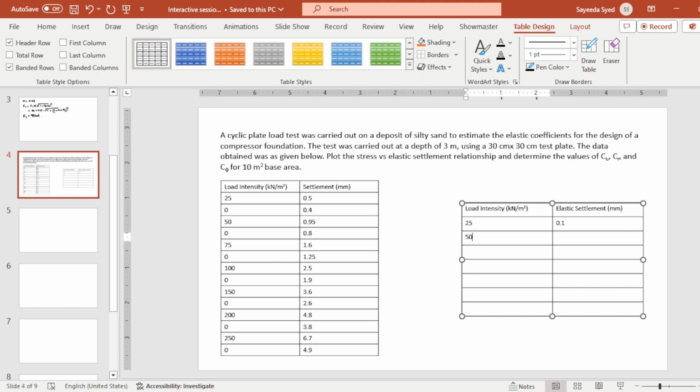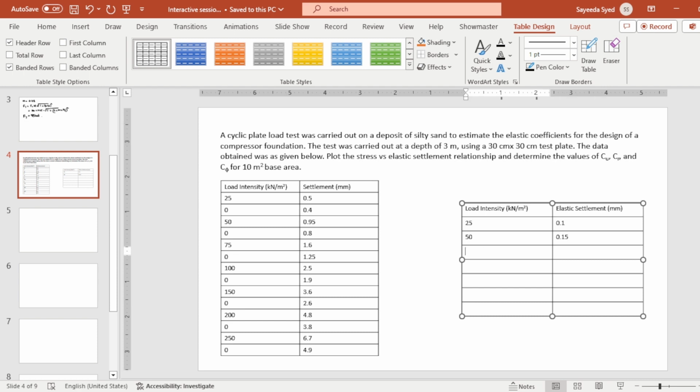For 50, an elastic settlement of 0.15, which is 0.95 minus 0.8.